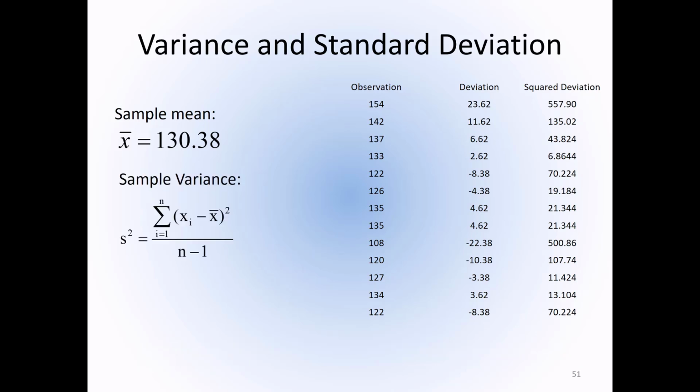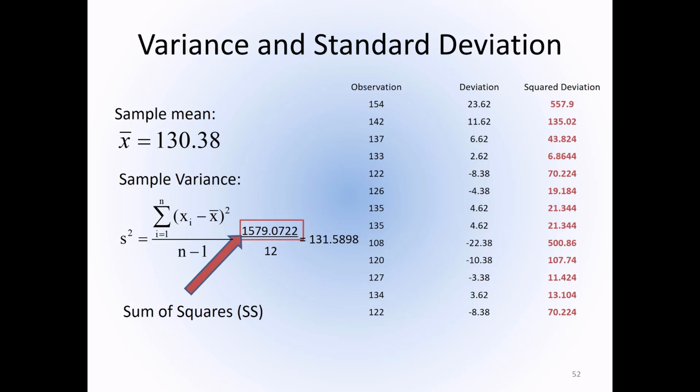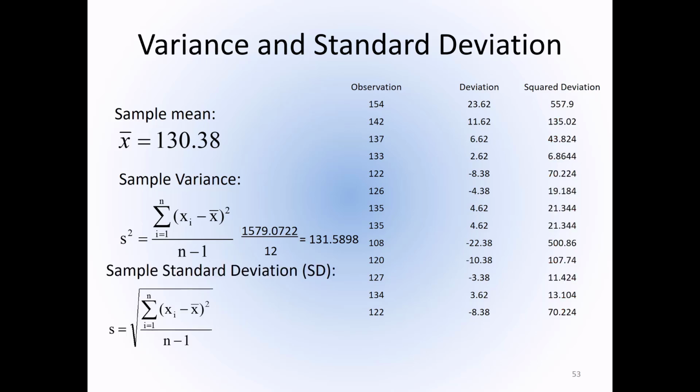In this particular case, we've got 13 different observations, so we divide by 12, and we get our variance of 131.58 and some change. To get our standard deviation, we take the square root of our variance, and we get that value that indicates how much variability we have in our respective data set.